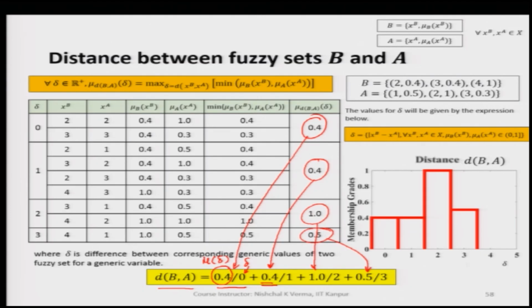So, this way we have got a fuzzy set, which is nothing but the distance between discrete fuzzy set B and discrete fuzzy set A.